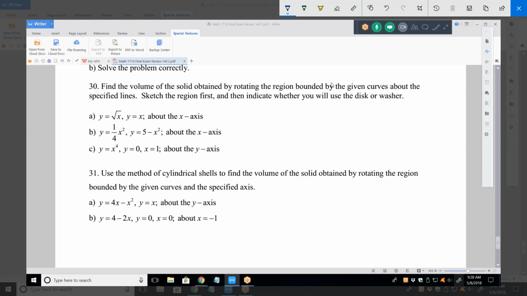Now, these are tough to explain. The best explanation I know of has to do with a bundt cake. Hold on a second. I want to make sure I get the drawing right. Before we tackle these problems, I got to be able to explain it to you.